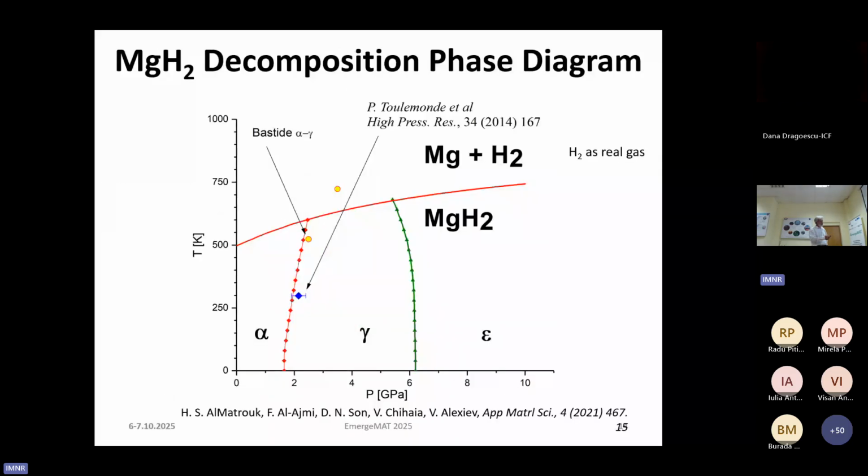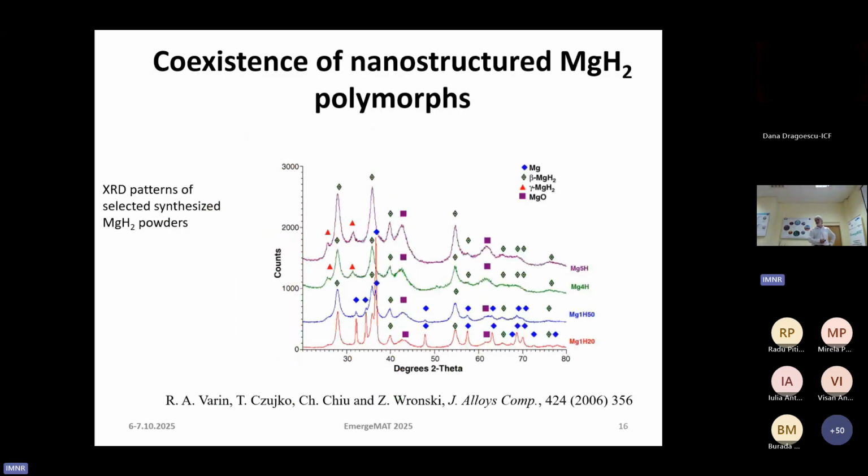Why is this important? In this area, even though we say that gamma is the most stable, the Gibbs energy differences between the different polymorphs are very small, and actually they coexist. And this is also what the experiment is saying.